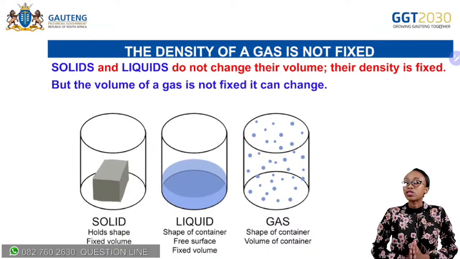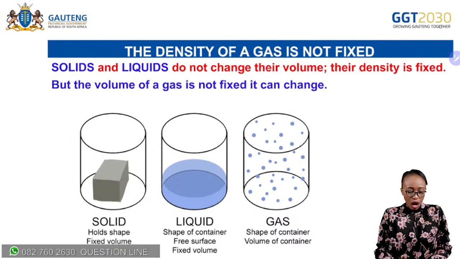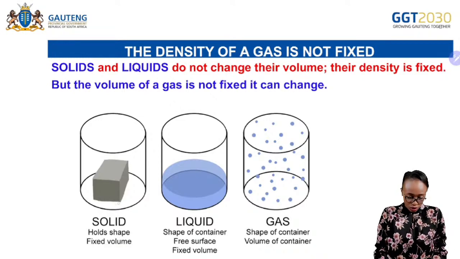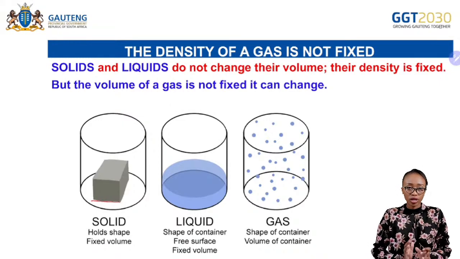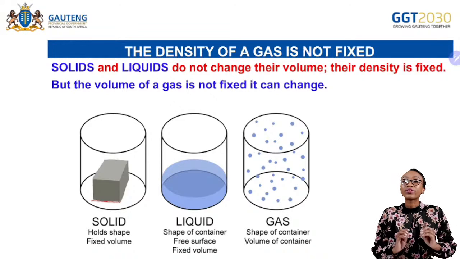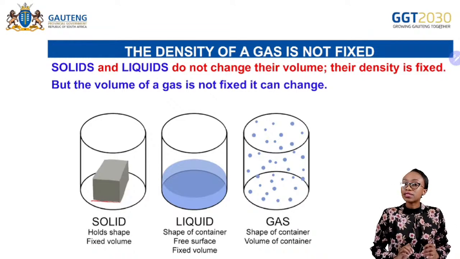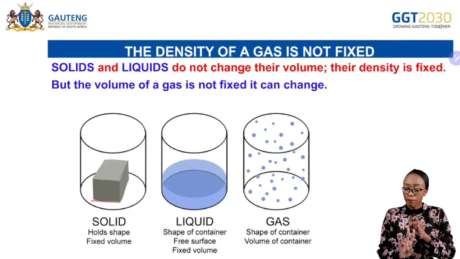So let's look at these three pictures. We have a solid with a fixed volume, it holds its fixed shape, doesn't change. So the volume remains fixed, hence the density is fixed. Remember the two properties we use to determine density are volume and mass.